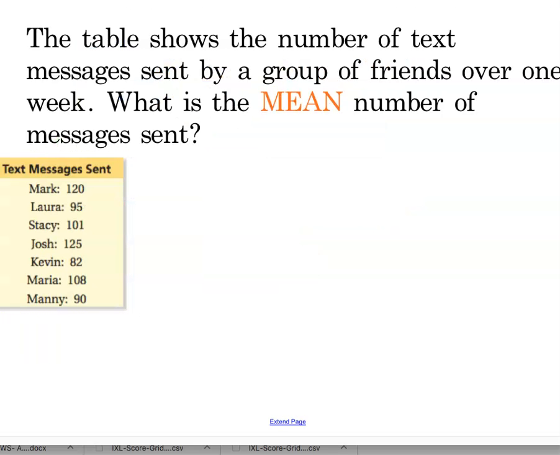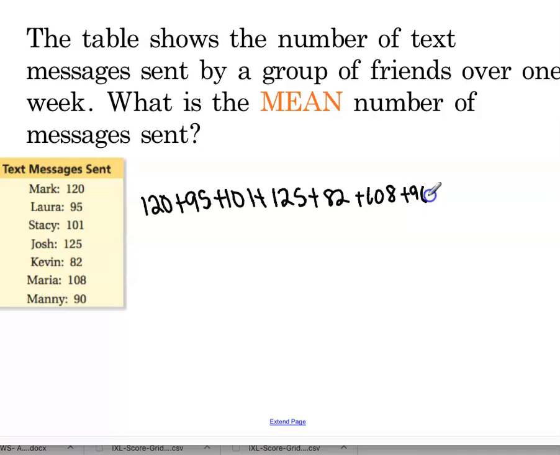So the mean is the average, so we need to add up all of our data points. We want to know the mean text messages sent by a group of friends. So we have 120, 95, 101, 125, 82, 108, and then 90. And we need to add it all up, and then we divide by the number. And there was 1, 2, 3, 4, 5, 6, 7 people.